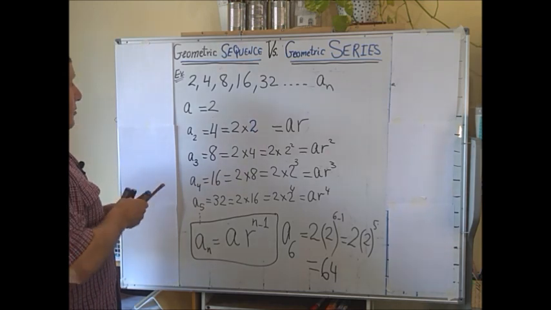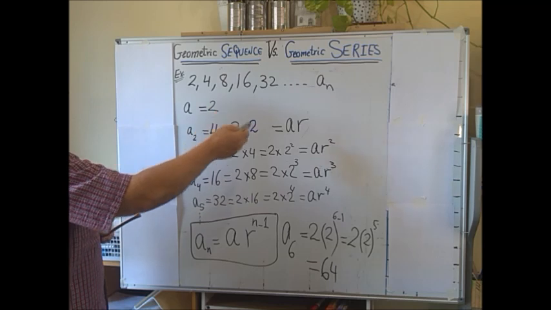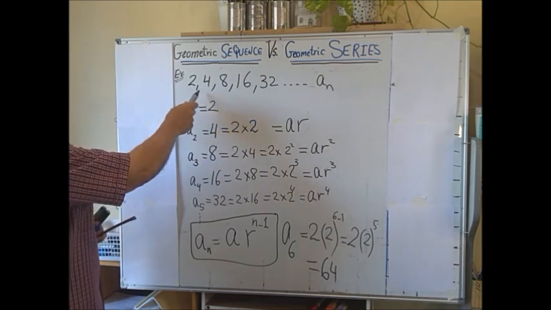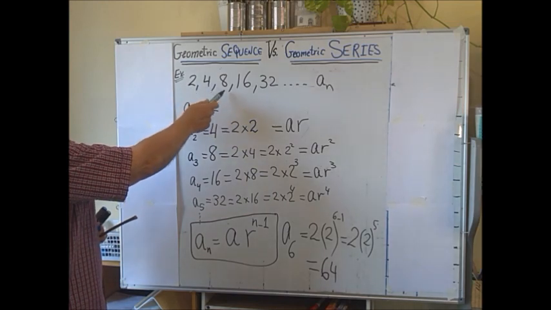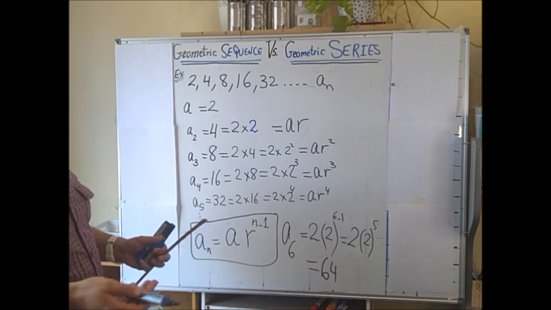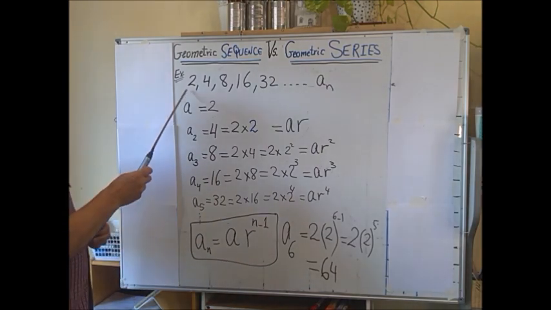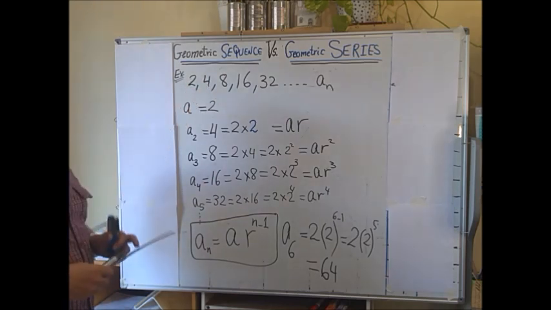Okay, so we'll talk about geometric series later. In this case, as we can see, these numbers are 2, 4, 8, 16, 32. What we notice here is that each number is double the number that comes before it.